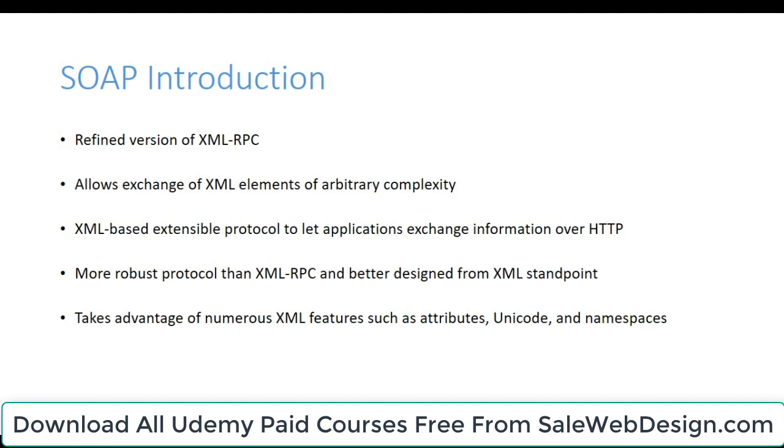It is much better designed from an XML standpoint as well. It takes advantage of numerous features of XML such as attributes, Unicode, and namespaces that XML RPC either ignores or actively opposes. XML RPC is adequate for simple tasks. Although there are some basic services available using XML RPC, the future clearly lies with SOAP.